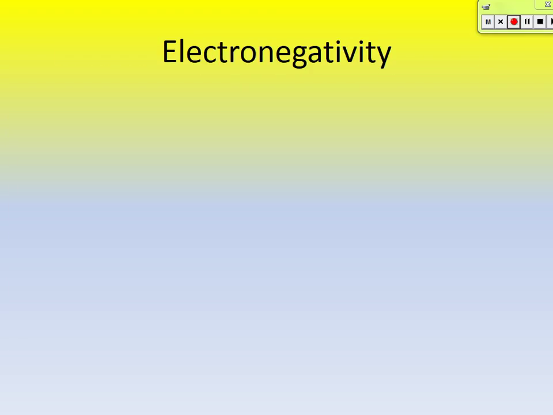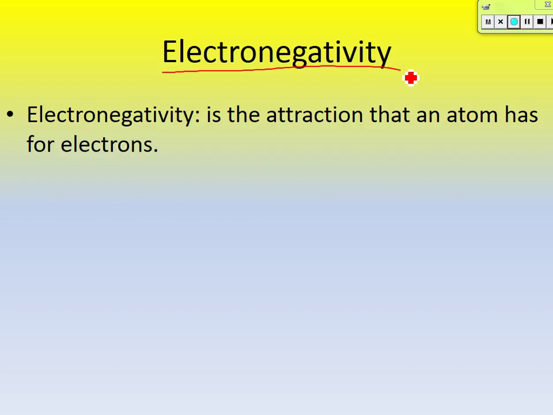So let's get to the new part of the lesson. But we have talked about this word before: electronegativity. In your book, you're supposed to write down the definition for electronegativity. Here it is. Electronegativity is the attraction that an atom has for electrons.